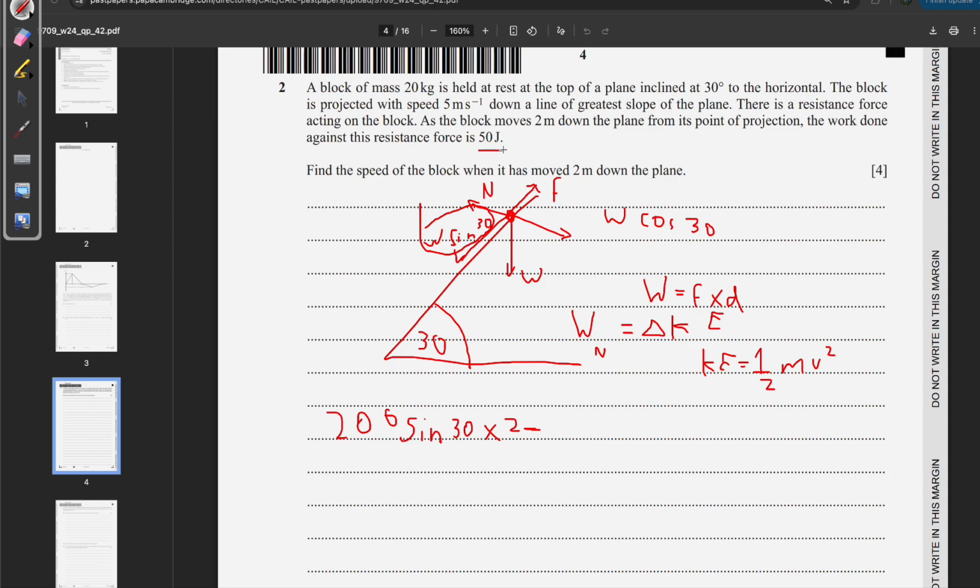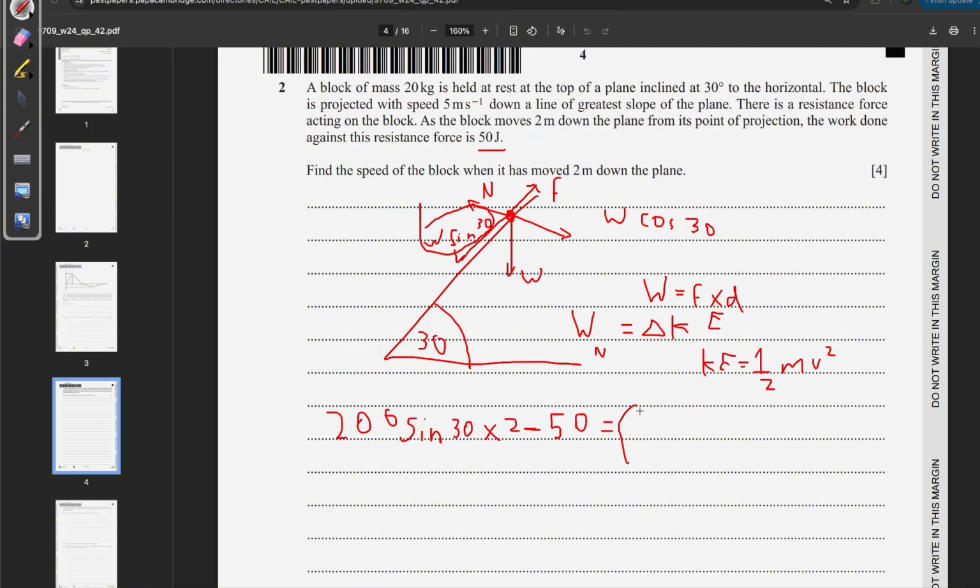Since it's a resistance force, it's going to go against the force, right? So minus 50 is equal to half m v final squared.